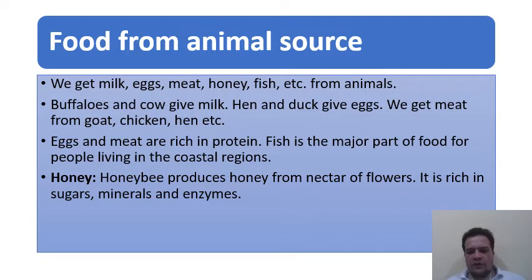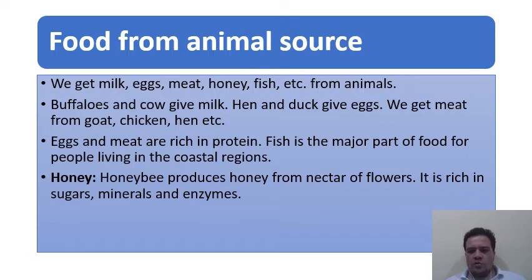So varieties of food are available for human beings, for living organisms, and due to that they are able to survive. If only the plant source were available as food, it would be difficult for a large population to survive.